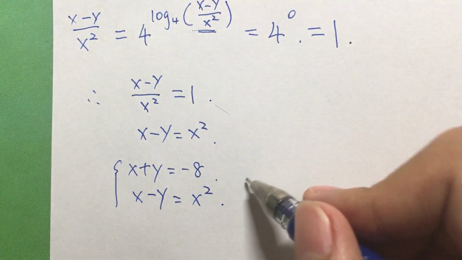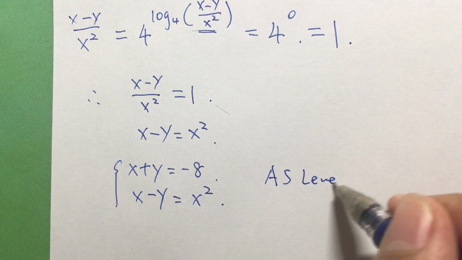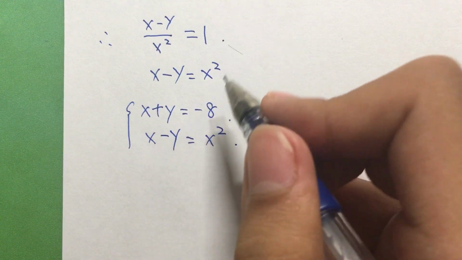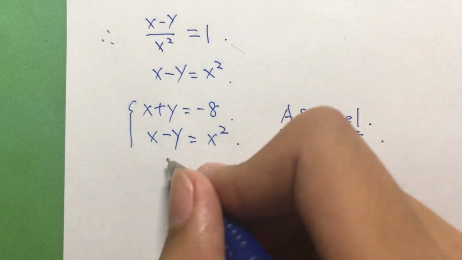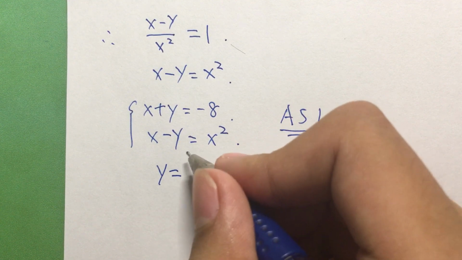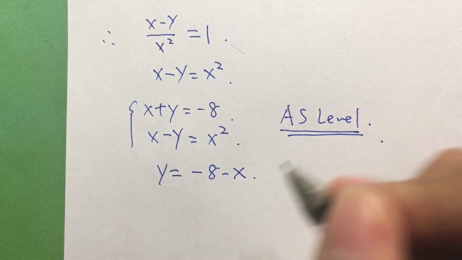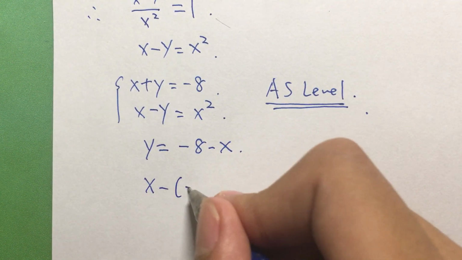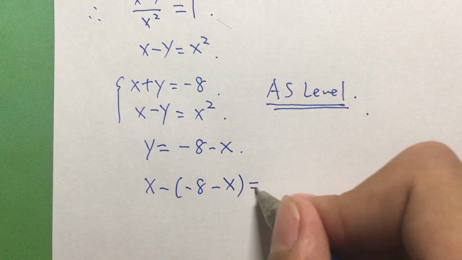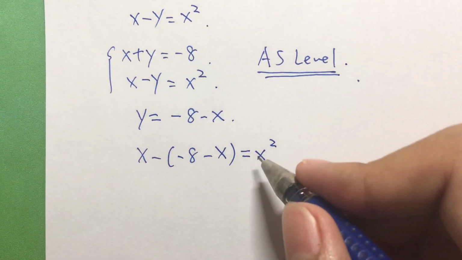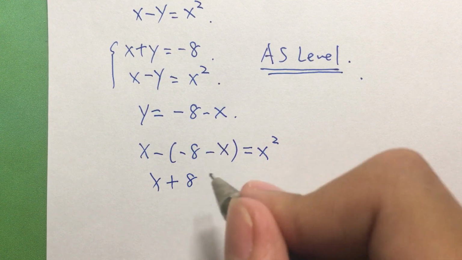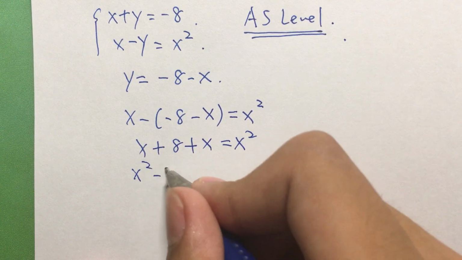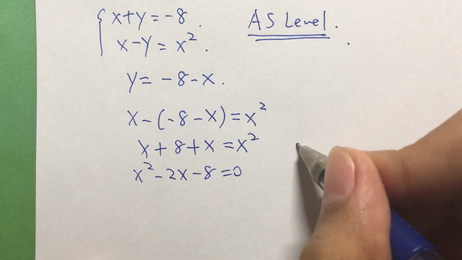Well, this type of equation we have learned in AS level, which is we do substitution. Let's substitute y, it will be easier, which is y equals negative 8 minus x, and x minus (negative 8 minus x) equals x squared. x plus 8 plus x equals x squared, which is x squared minus 2x minus 8 equals 0.